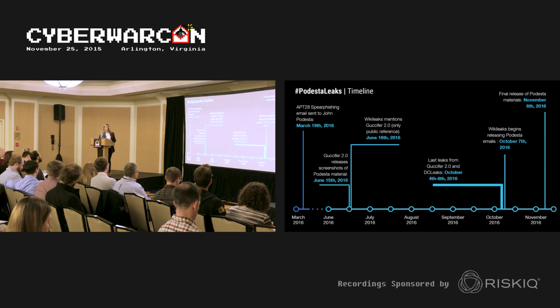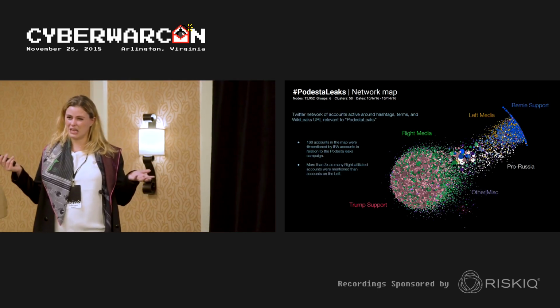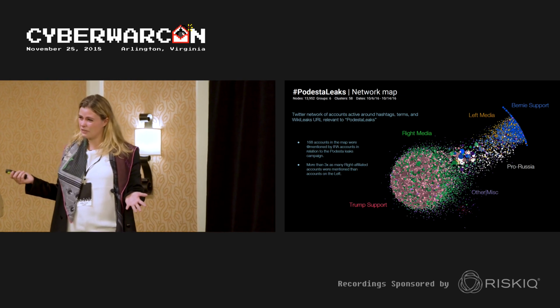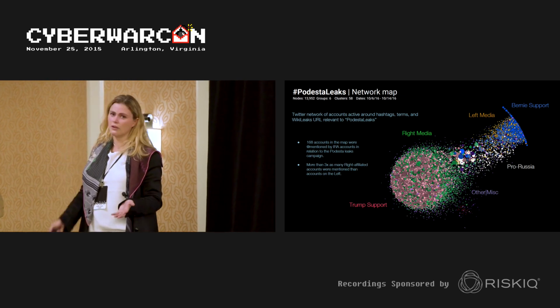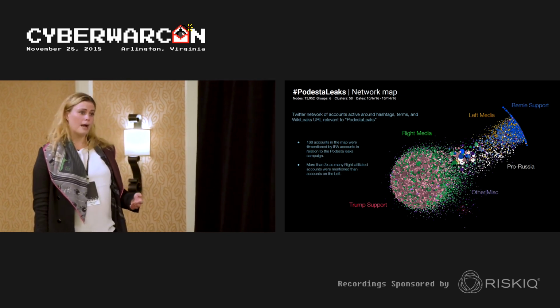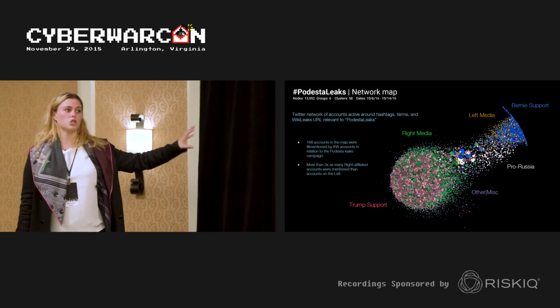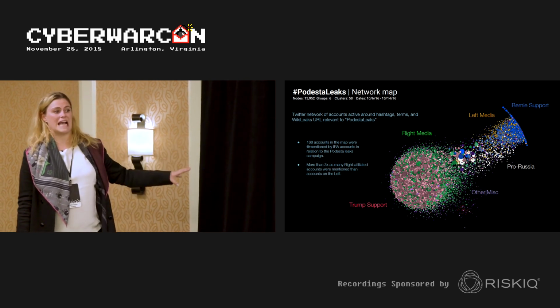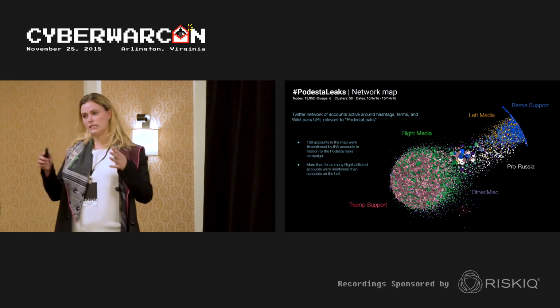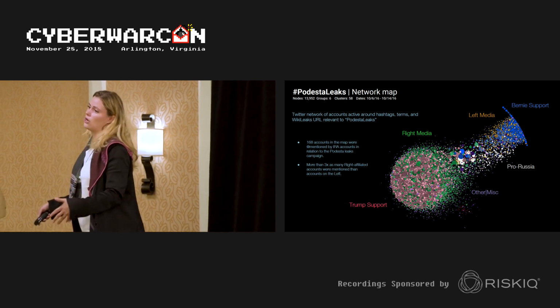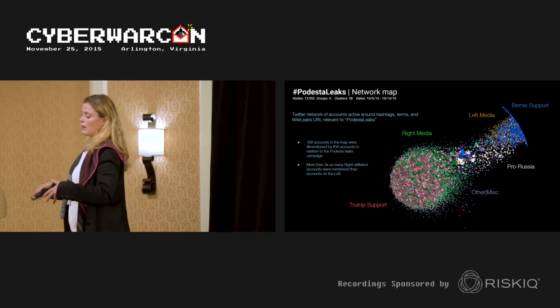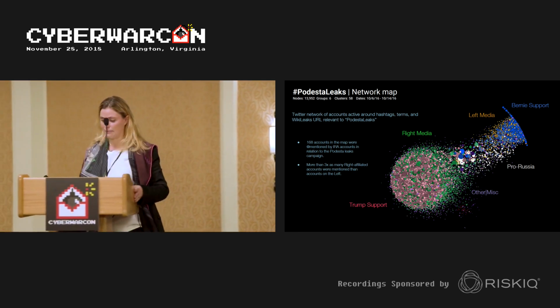So if we change the dissemination focus, we can look at Podesta leaks. This was somewhat disseminated differently. You can think about it as almost marketed differently, marketed to a different group. The resulting network maps show a focus that's much more on the right-wing side of the landscape. This is a dissemination that really lands on the political right-wing part of the landscape.